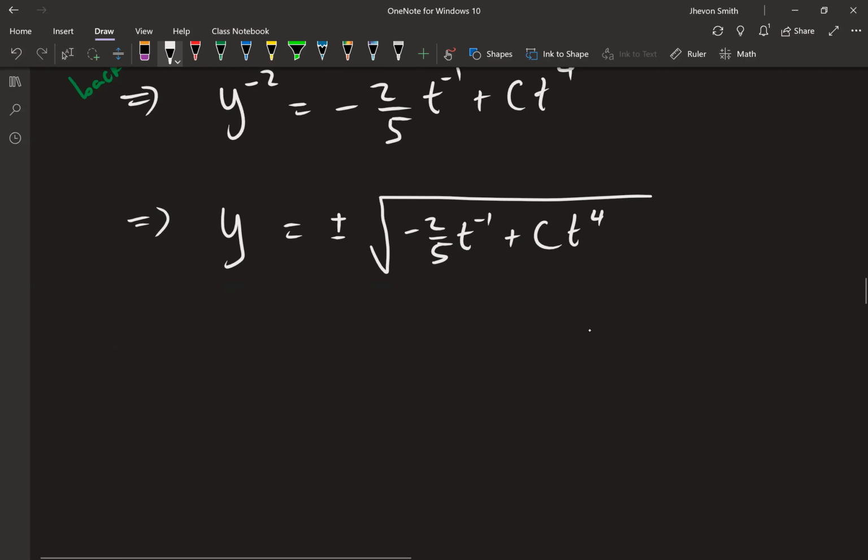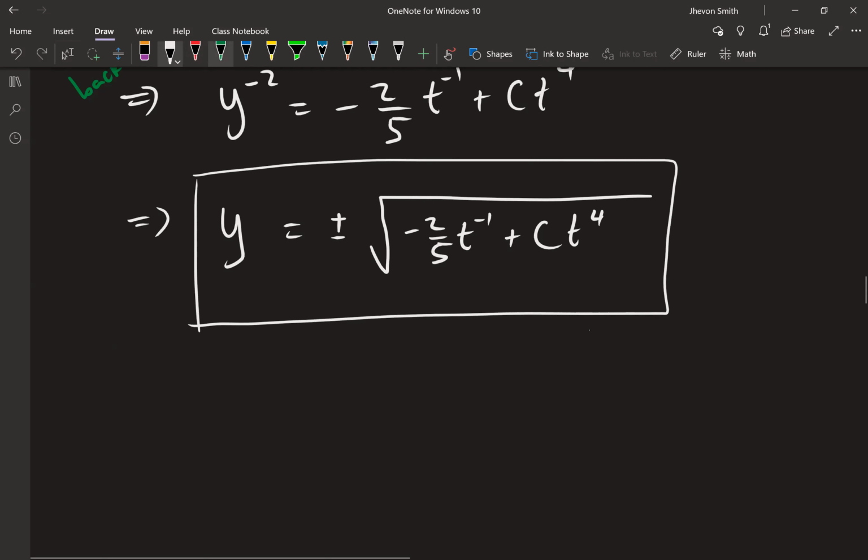Where the plus or minus, we can determine which one we need if we're given an initial condition.